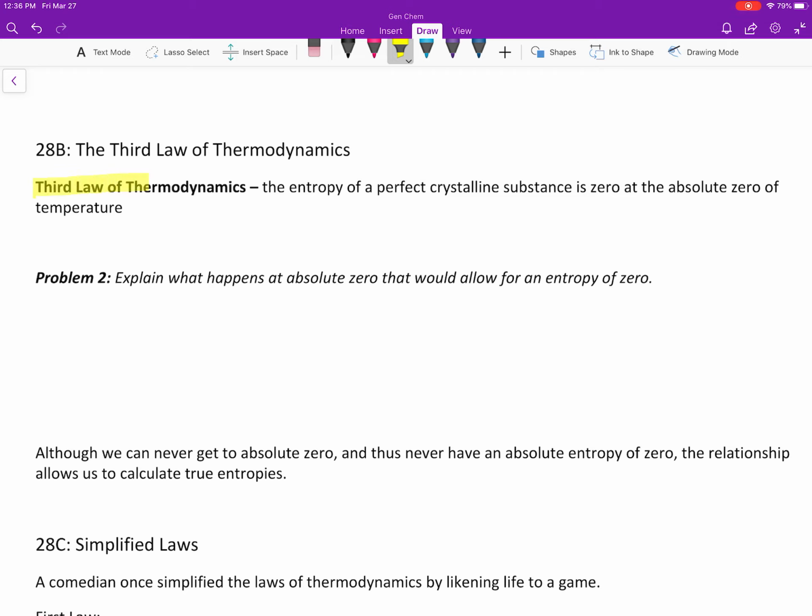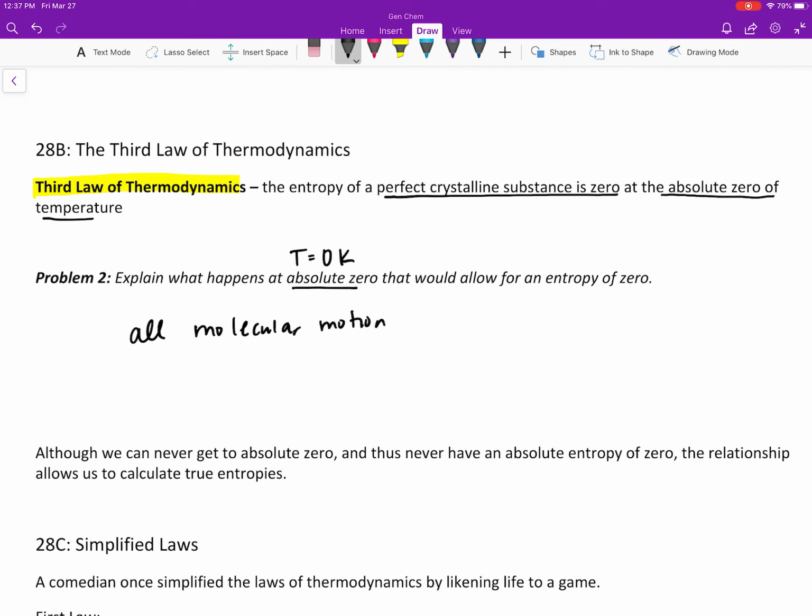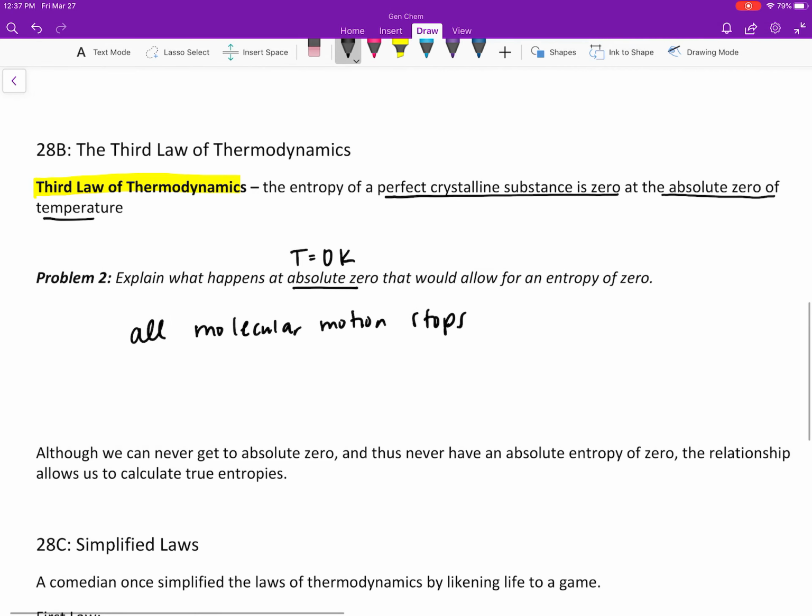So, third and final law. The entropy of a perfect crystalline substance is 0 at the absolute 0 of temperature. Okay, and so the reason why is, if we think about what absolute 0 means, I think that Cameron or Levi answered this at the very beginning of the year, or last year when we discussed this at the beginning of the class, that when we're at a temperature of 0 Kelvin, this is where all molecular motion stops.